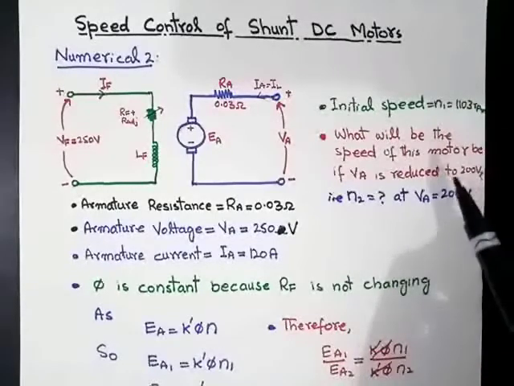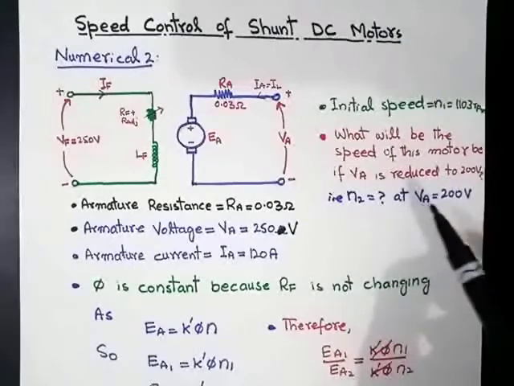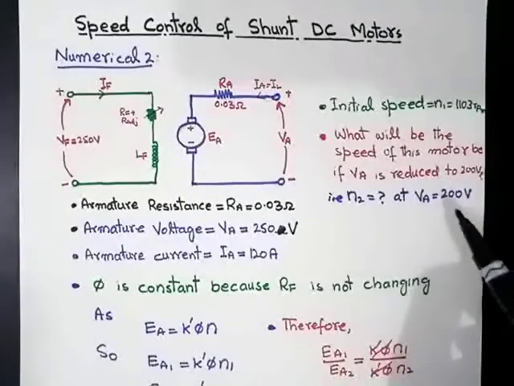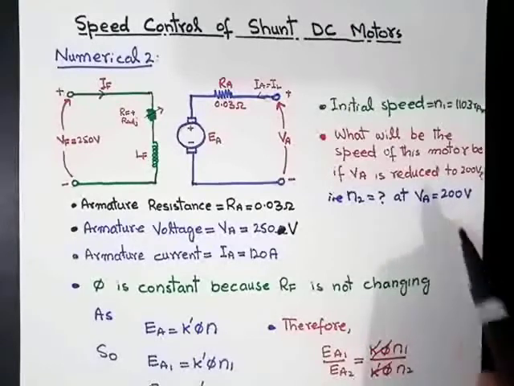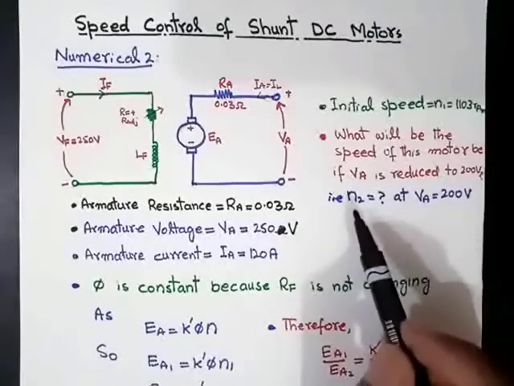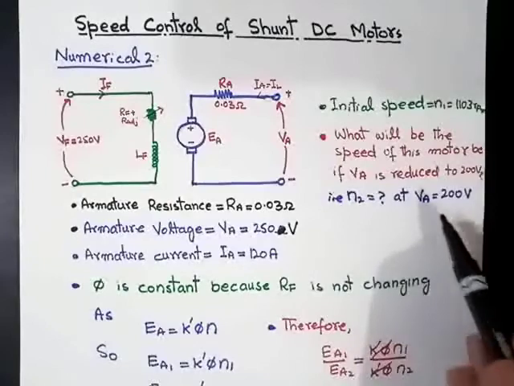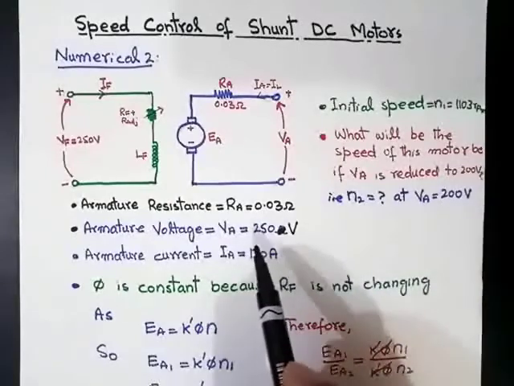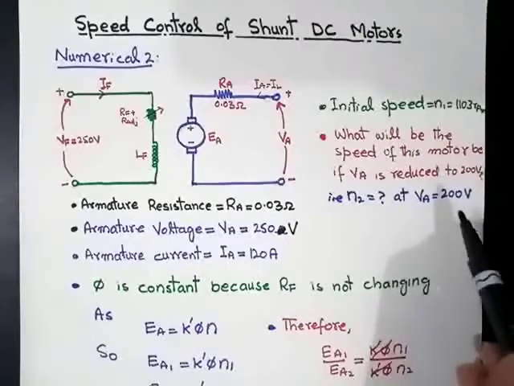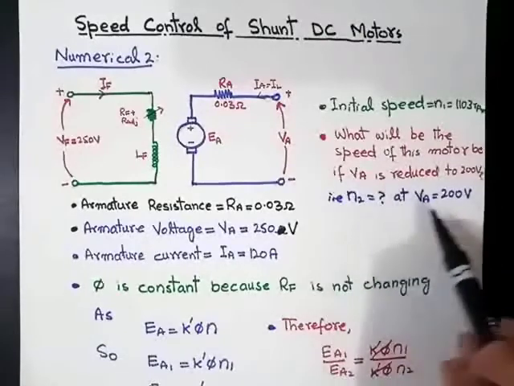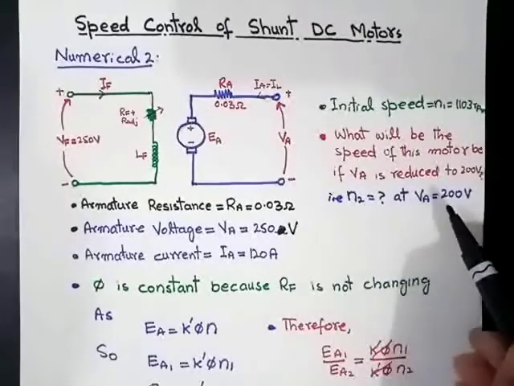Here we want to find the speed N2 at armature voltage equal to 200 volt. Our main objective is to calculate the speed when the armature voltage decreases from 250 volt to 200 volt.